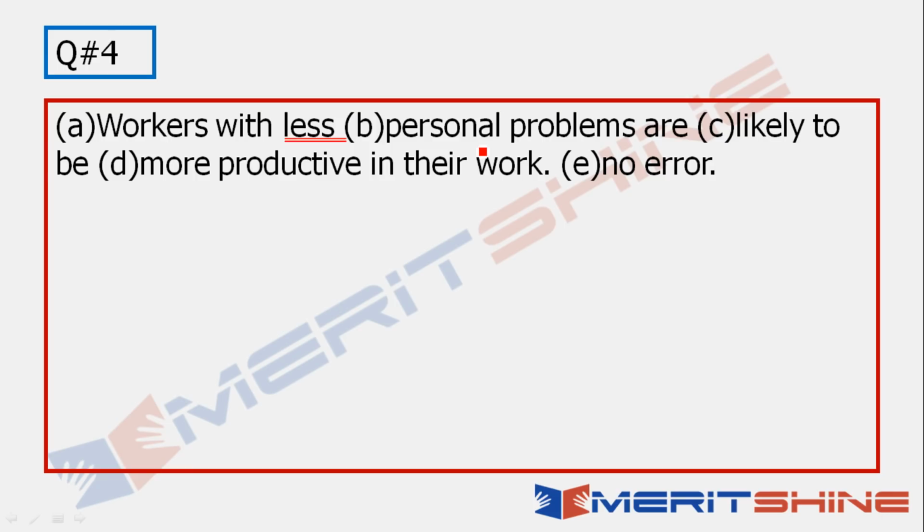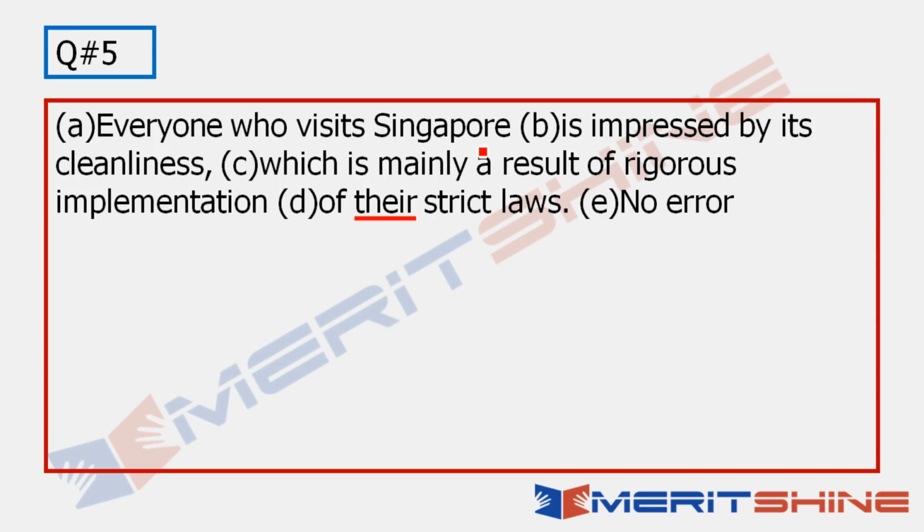So for countable things, we don't use less, we use fewer. Normally we will use less for uncountable things and fewer for countable things. So we should be replacing this with fewer, and the error therefore is in part A. We'll move on to question number 5 now.